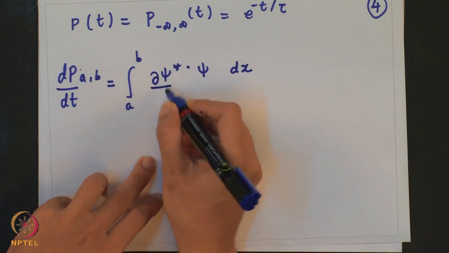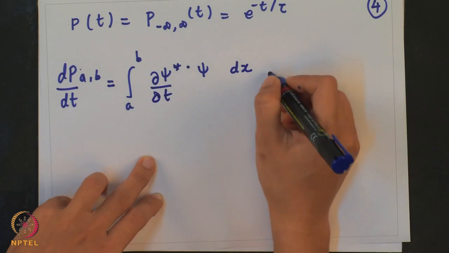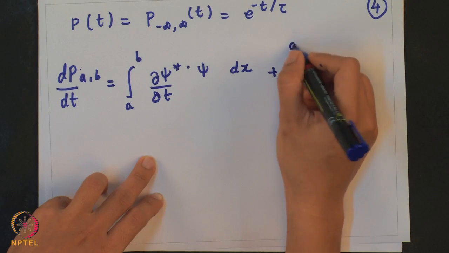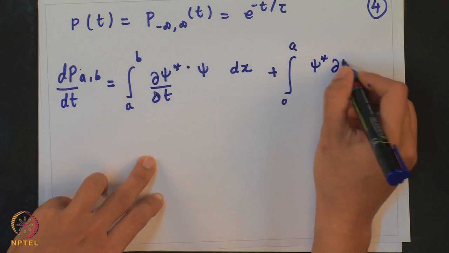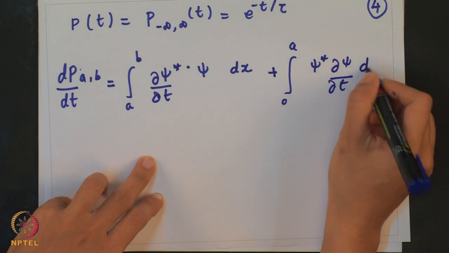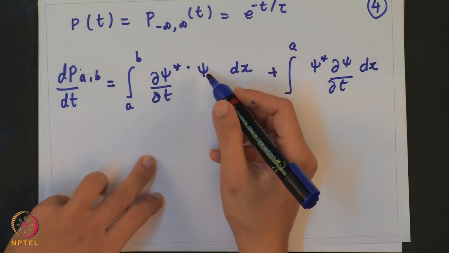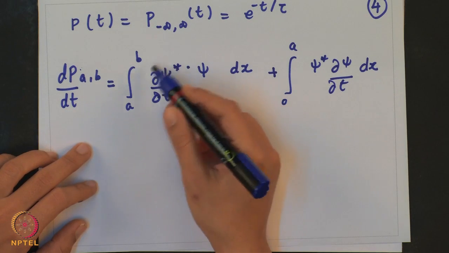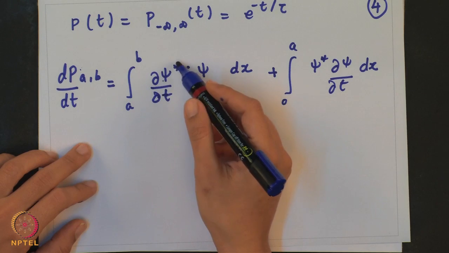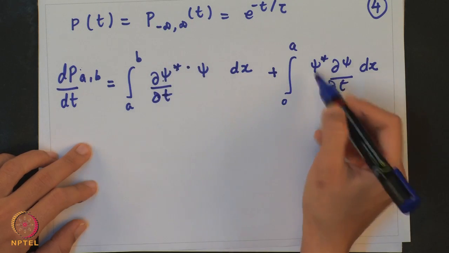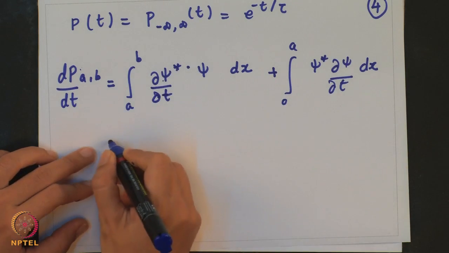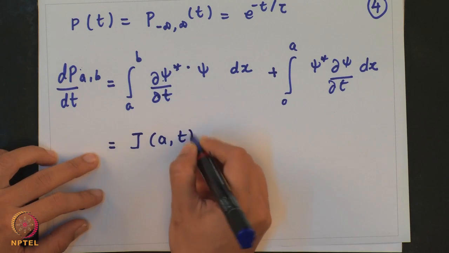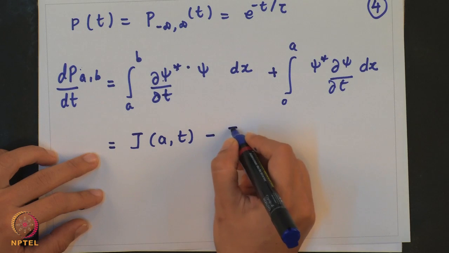So, I will have one term plus the second term. Again I will repeat the same procedure. Using the time dependent wave function, I will substitute for these terms, and I will again obtain the same expression.